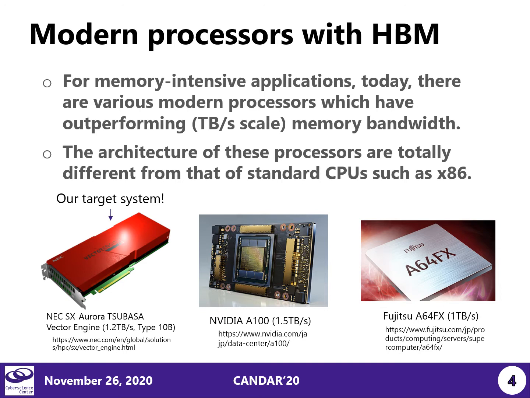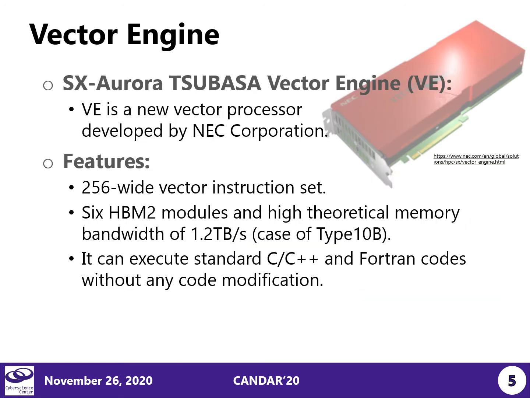There are processors with more than 1 TB per second bandwidth, such as NVIDIA A100 and Fujitsu A64FX, and our target system, NEC SX-Aurora TSUBASA vector engine. Such a processor has a totally different memory architecture from standard CPU architecture, such as x86. Here, let me introduce our target system, SX-Aurora TSUBASA vector engine.